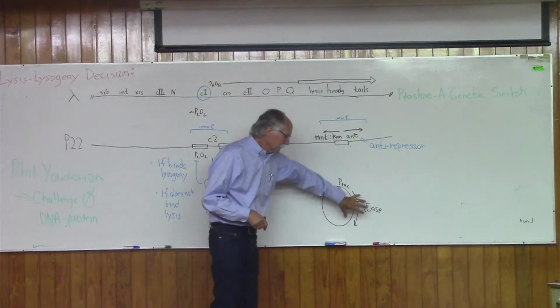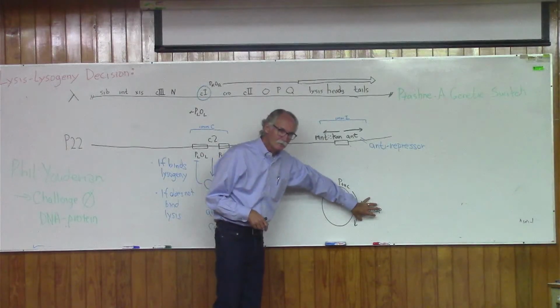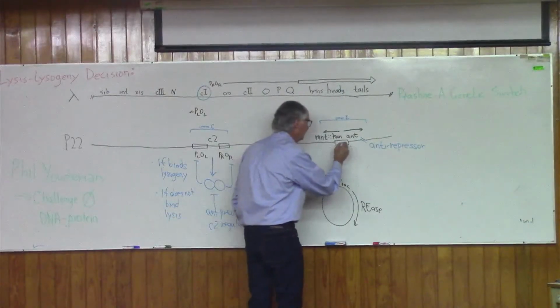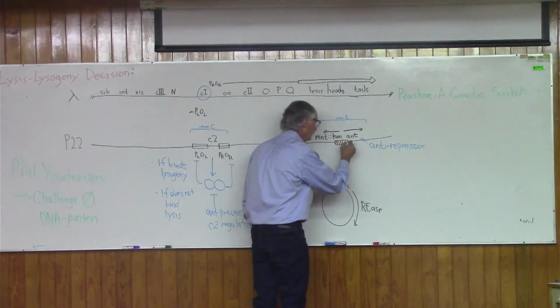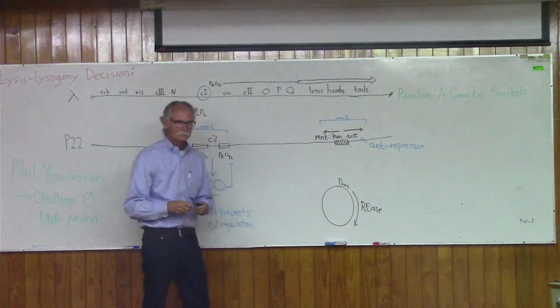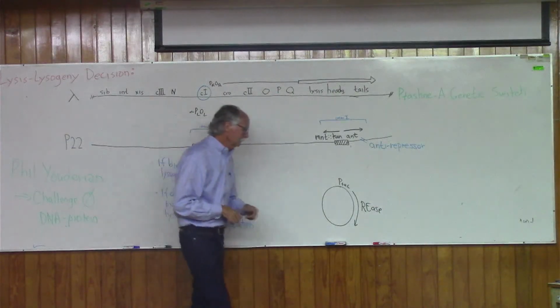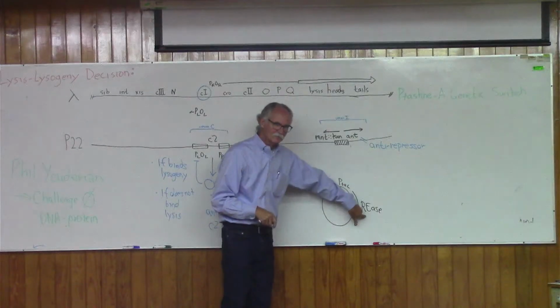So they put a restriction enzyme onto the plasmid, and they put the restriction enzyme binding site onto the phage. Now, if you express the restriction enzyme, what happens?